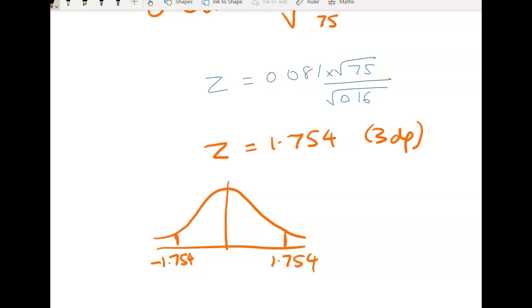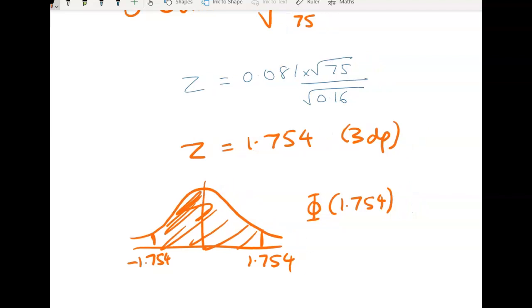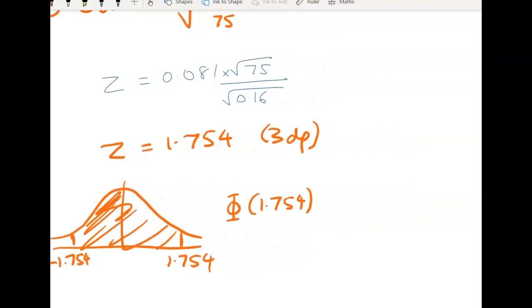So my significance level is going to be this area here. If we go to our normal tables and look up phi of 1.754, that's not going to give me exactly the right answer, but it's going to get me to a related answer. So phi of that works out to be 0.9599, and then when you do the little add factor, I added on 4, so I got 0.9603.